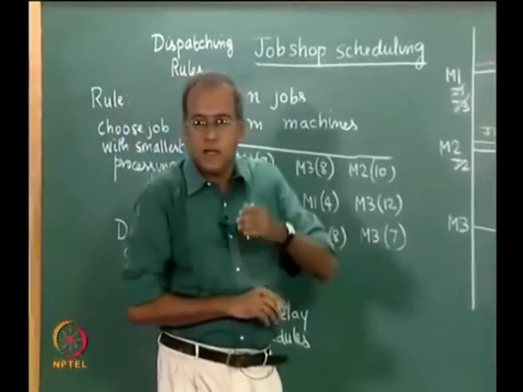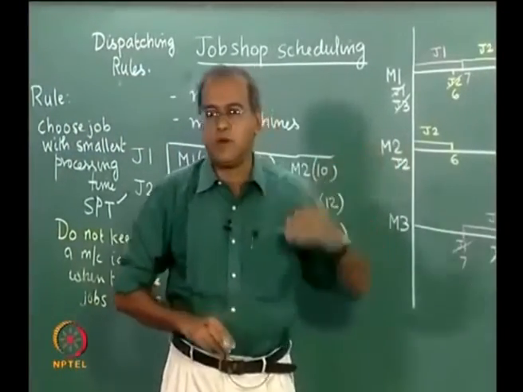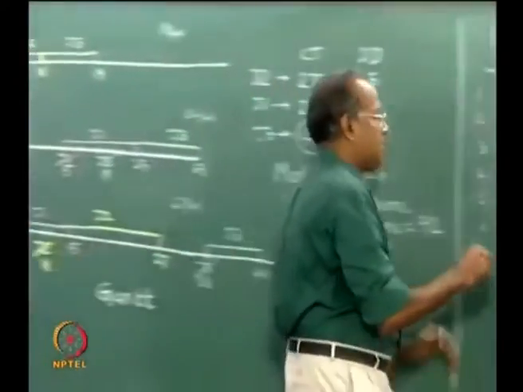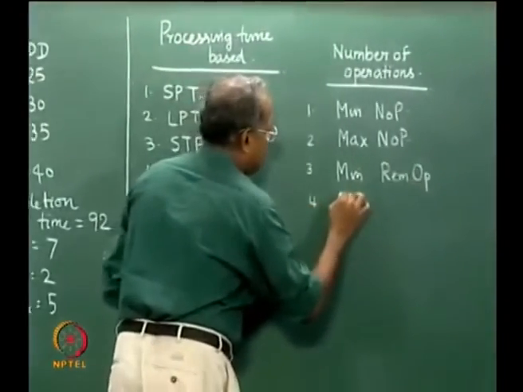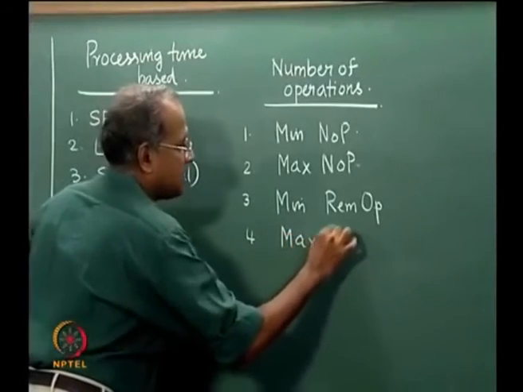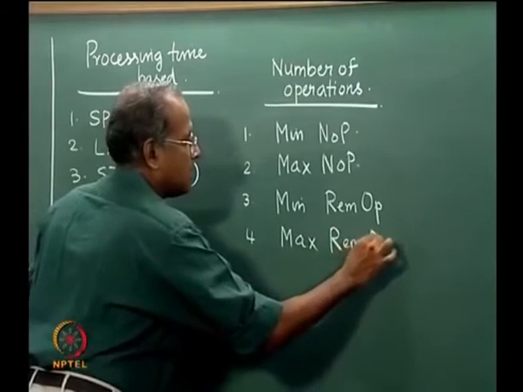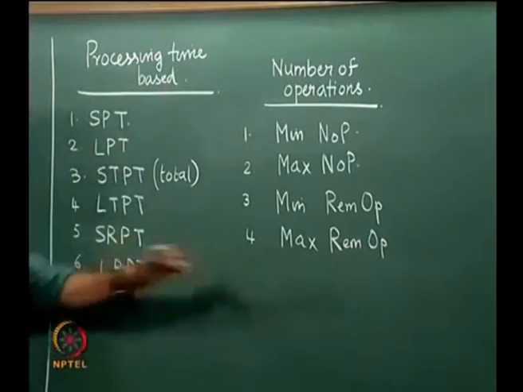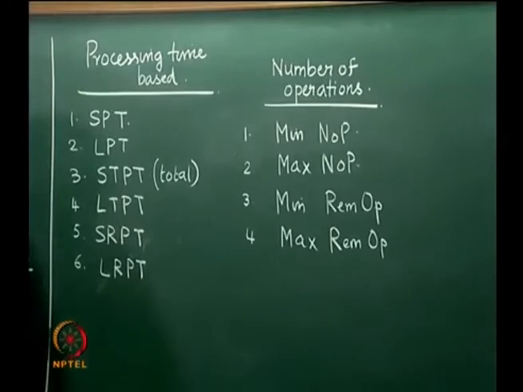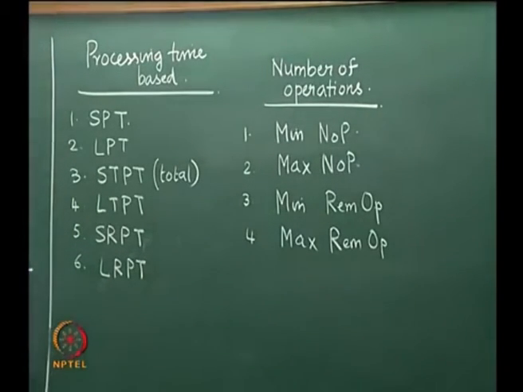So, you could look at minimum remaining number of operations and maximum remaining number of operations. These are not processing time based, but these are number of operations based methods.